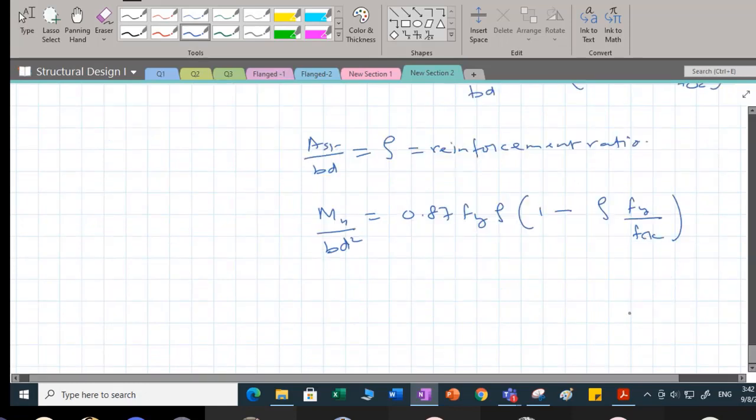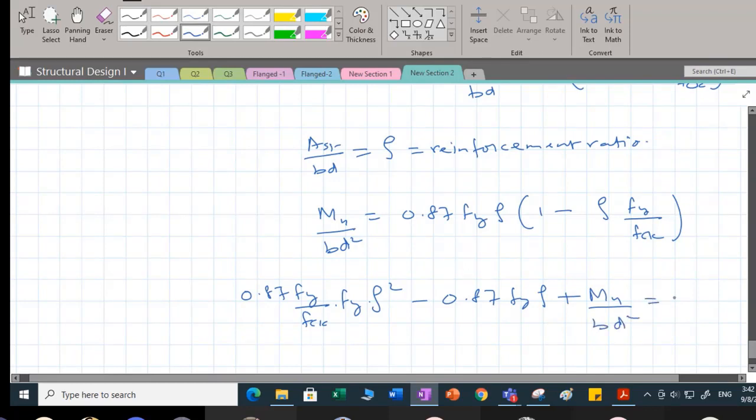So if you solve this, you are going to get a quadratic equation. It will be in this form: 0.87 Fy by FCK into Fy rho square, minus 0.87 Fy rho, plus Mu by BD square equal to 0.